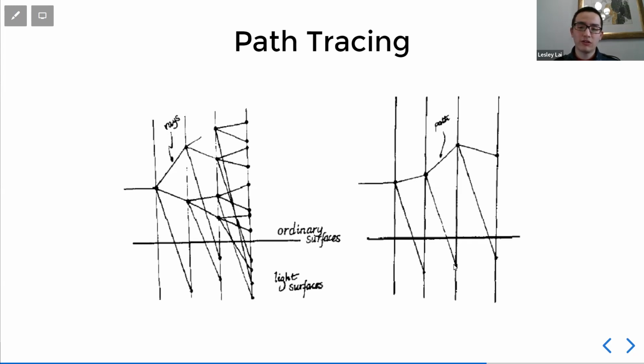Though we still need to calculate the direct light contribution in this path tracing method. The good thing with path tracing is that we can have more interesting effects, but secondly, we don't have this exponential explosion of terms as in weighted ray tracing. We just have more and more passes the deeper we go.